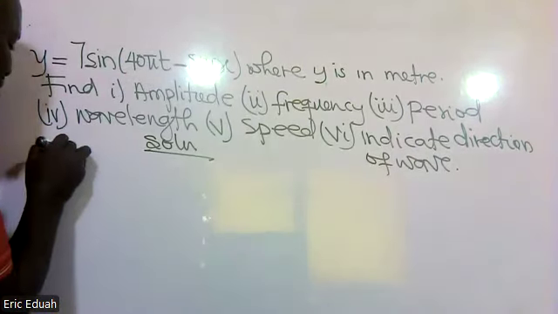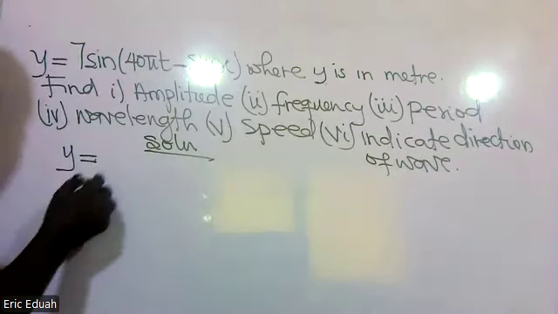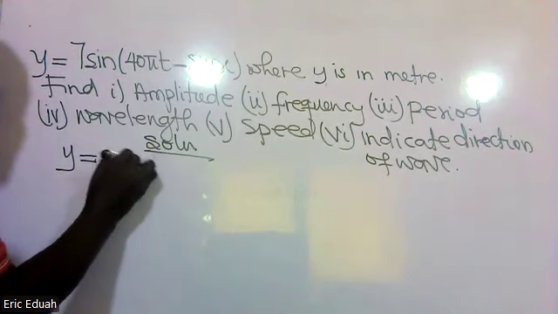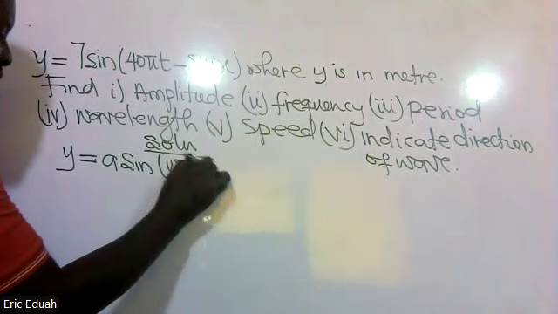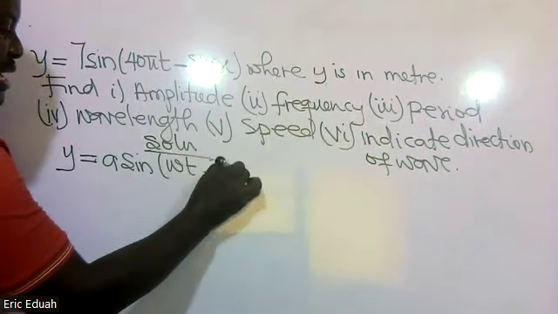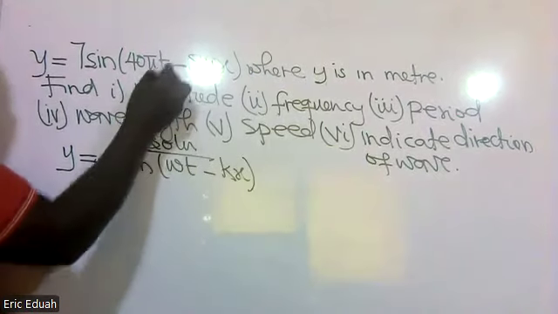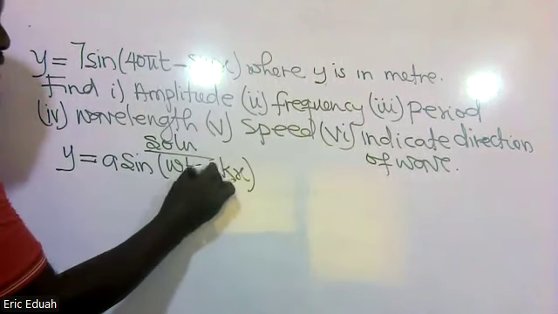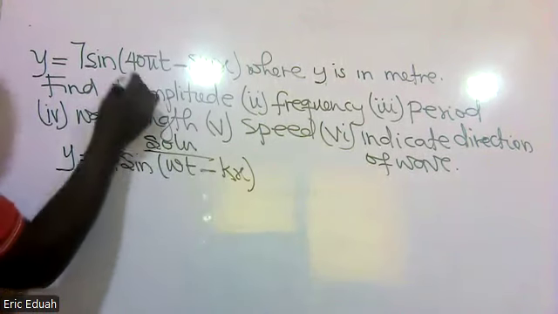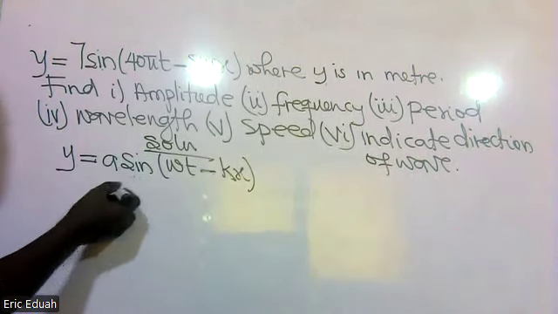So I write the general progressive wave equation as y is equal to a sine omega t minus kx. If whatever is here is plus, this will also change to plus. If the wave given is a cosine, the general one must also be a cosine.